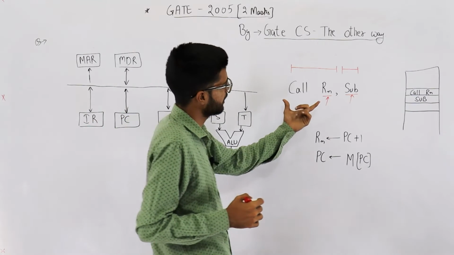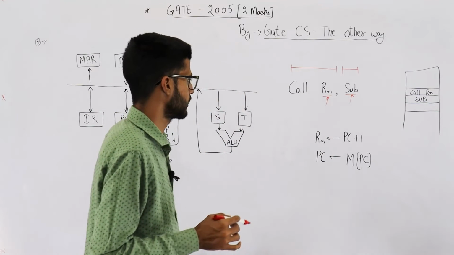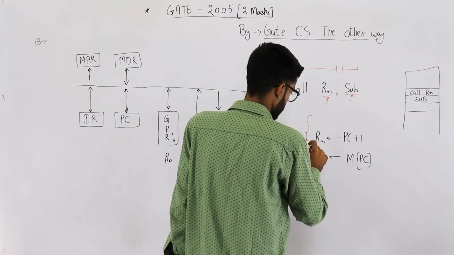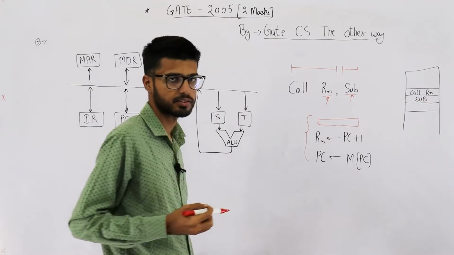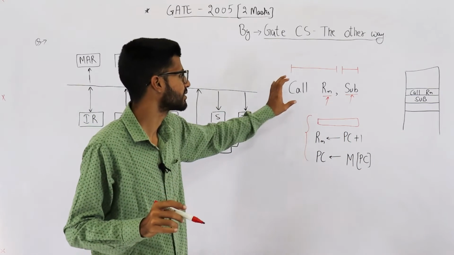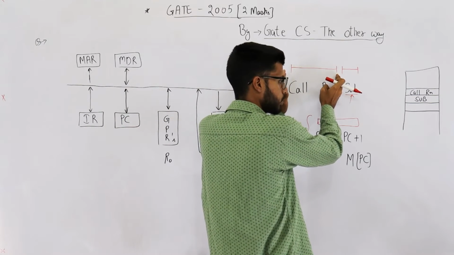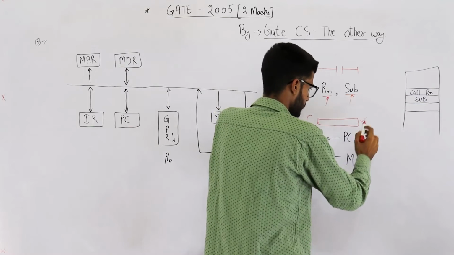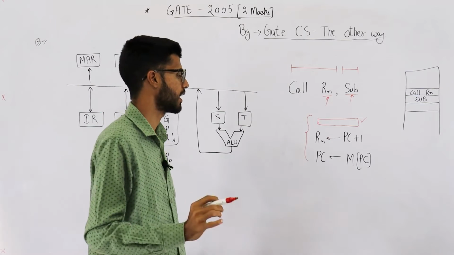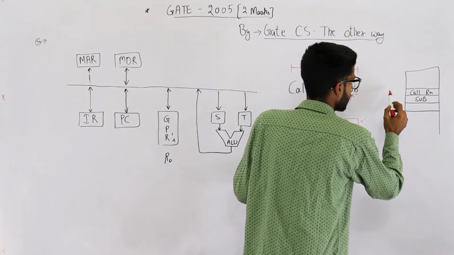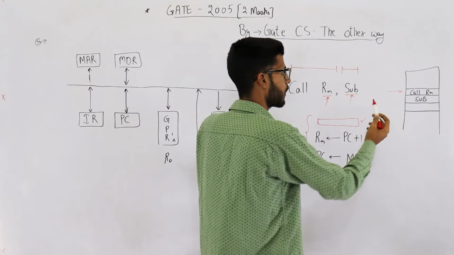Now, they mentioned that after fetching this part, PC was automatically incremented. That means when we fetched the instruction, the first step towards executing this instruction was fetching the first word of this instruction. Now, after fetching it, PC was automatically incremented. That is what was given in the question. That means initially PC was pointing to this and we fetched call Rn.